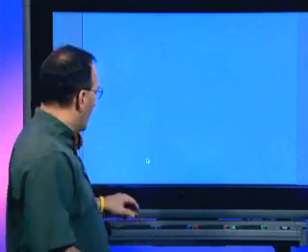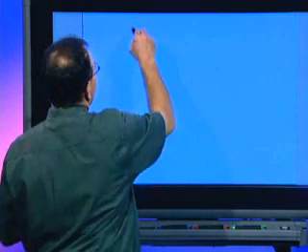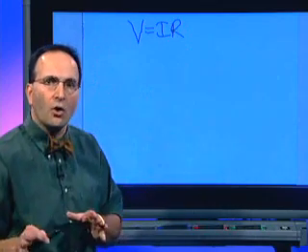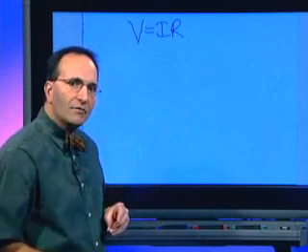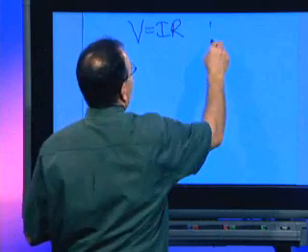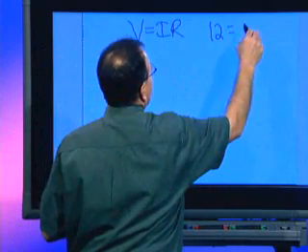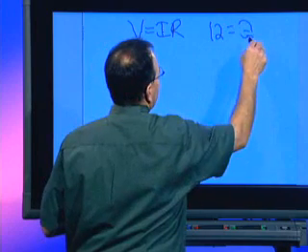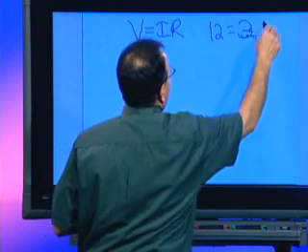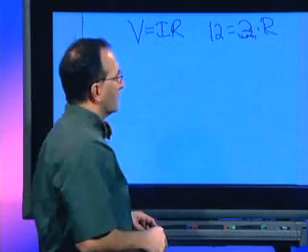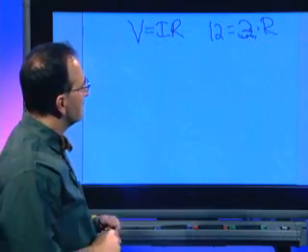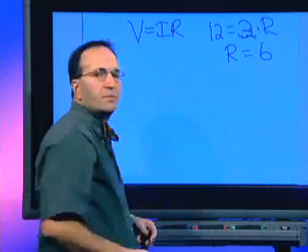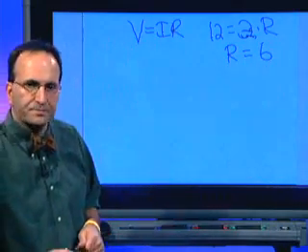So now, what we have is V equals IR, and we're told that the volts is 12 and the current is 2, and we need to find R. R in this case is going to be equal to 6.